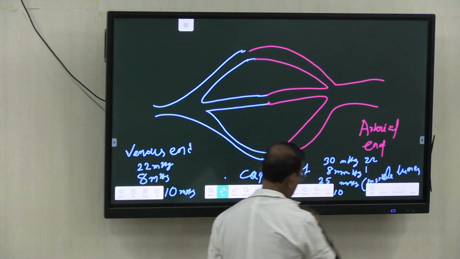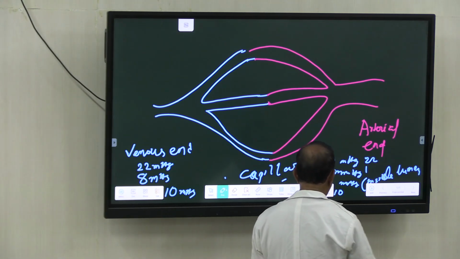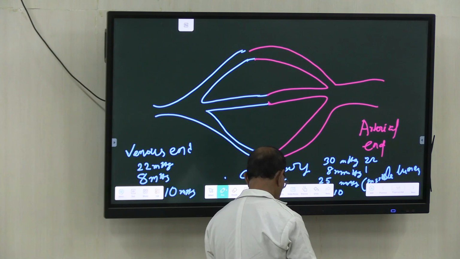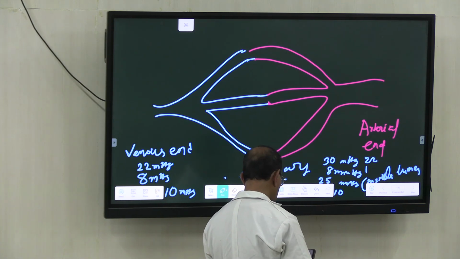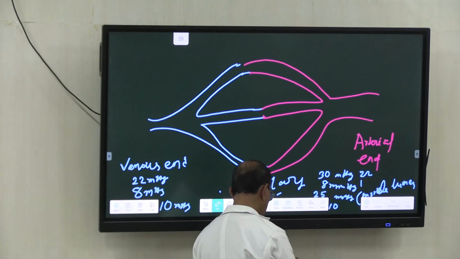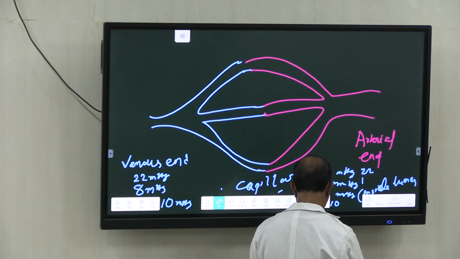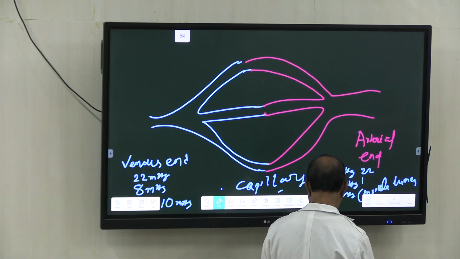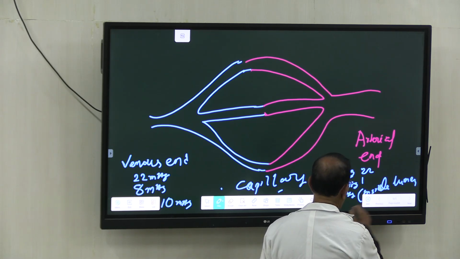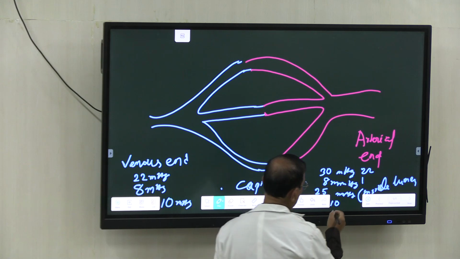Here, hydrostatic pressure is 25 and tissue oncotic pressure is 10.